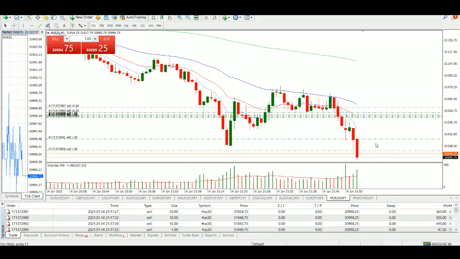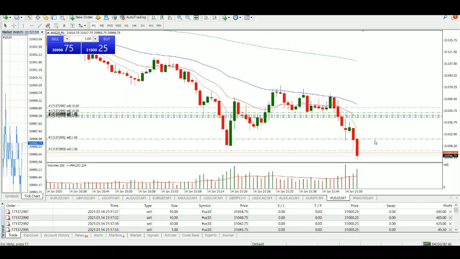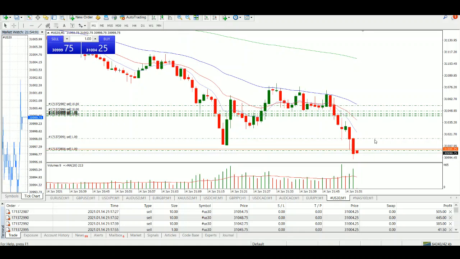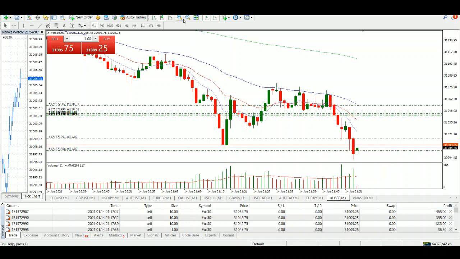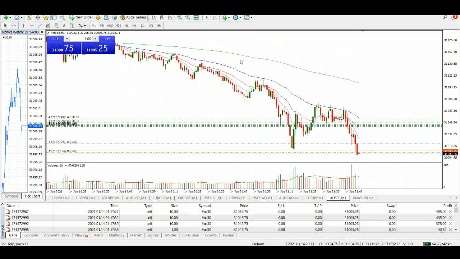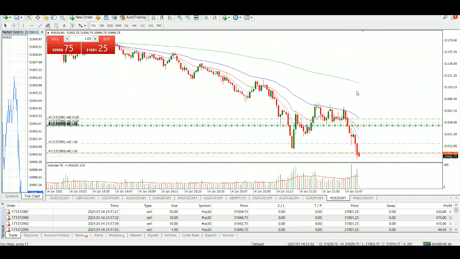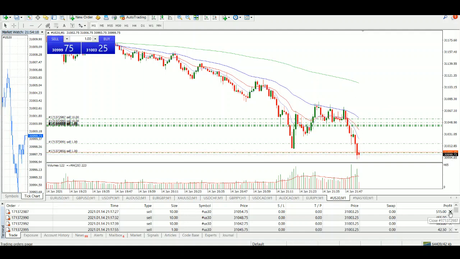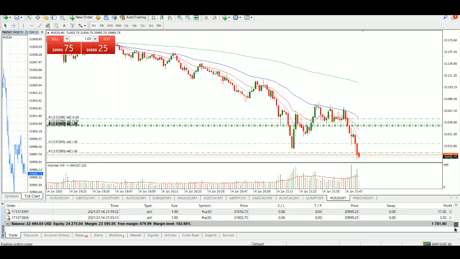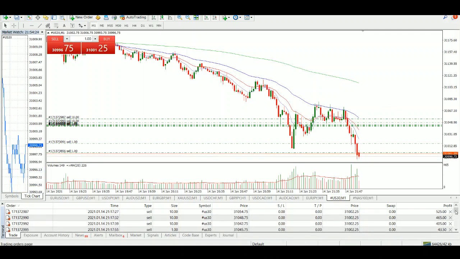I'm also adding on my winnings, adding on my trades to make the most out of this trend. This trend is continuing harder and harder. The price is going much further. $1,700.